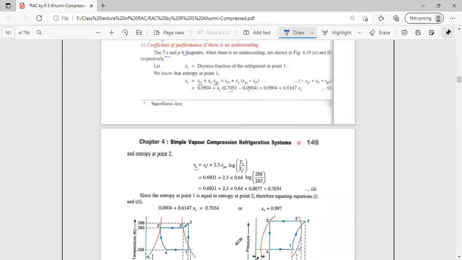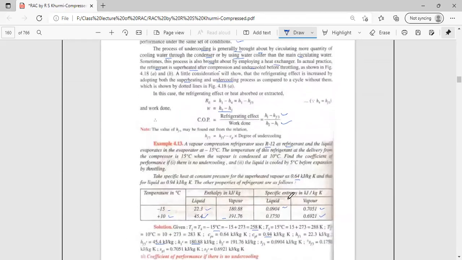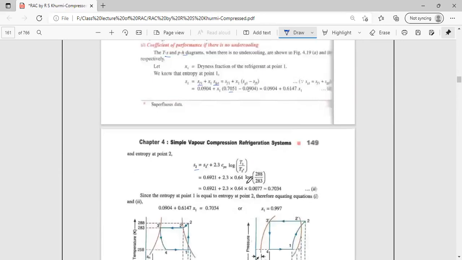Plus Cp, the specific heat at constant pressure of the saturated vapor, which is given as 0.64 kilojoule per kg. So we put it here, 0.64, and the temperatures T2 and T2 dash are given.